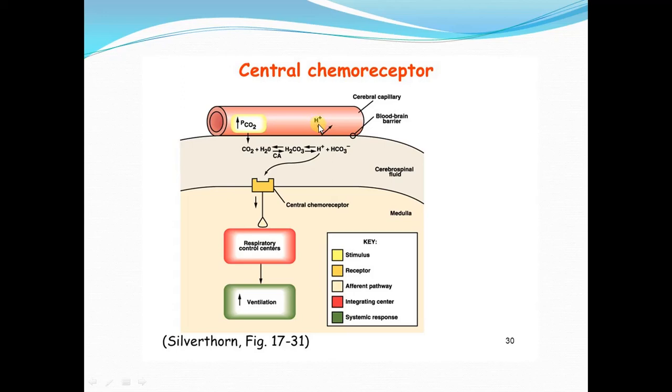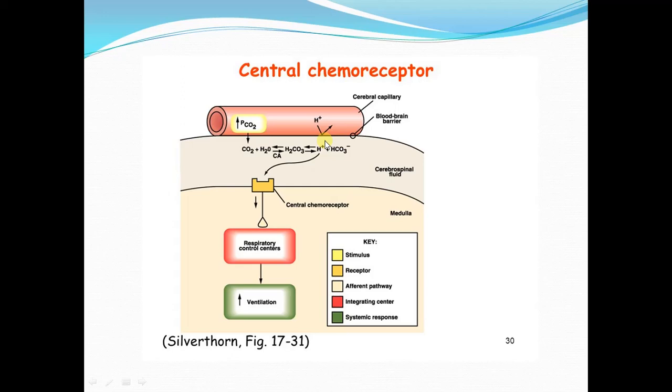So the increase in hydrogen ions in the blood will not have an effect on the central chemoreceptors. Arterial hydrogen ions, when increased, cannot stimulate the central chemoreceptors because they cannot cross the blood-brain barrier.